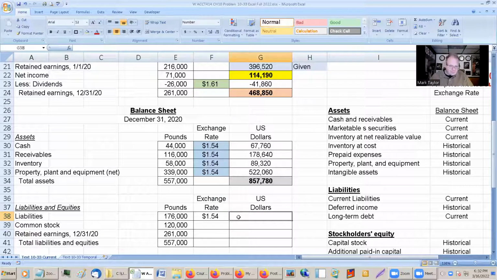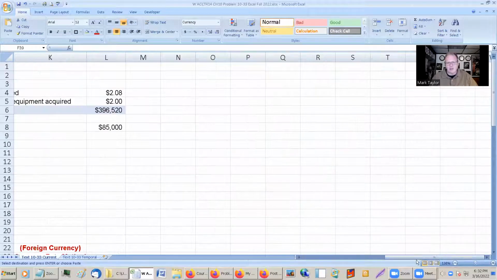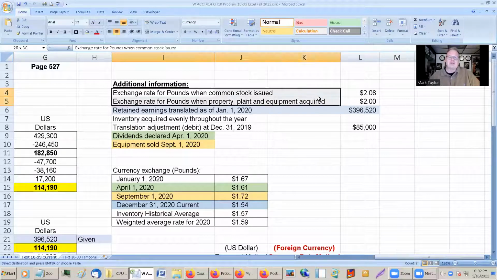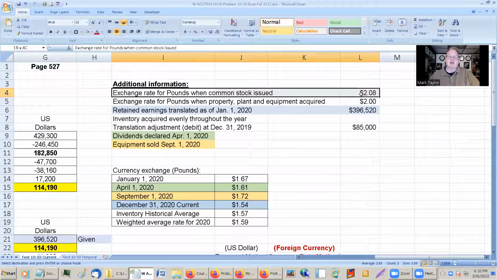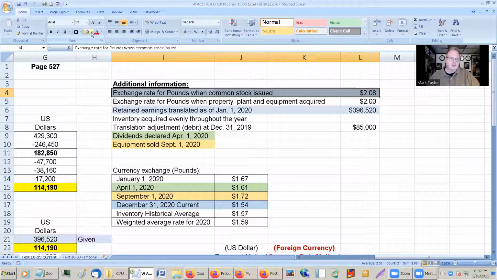Yeah, so the common stock, they told us up here. I don't know why they got it separate up here, but I guess it's because you don't know how far back it goes. The exchange rate for when common stock was issued was 208. Sometimes these can go back 40 years.